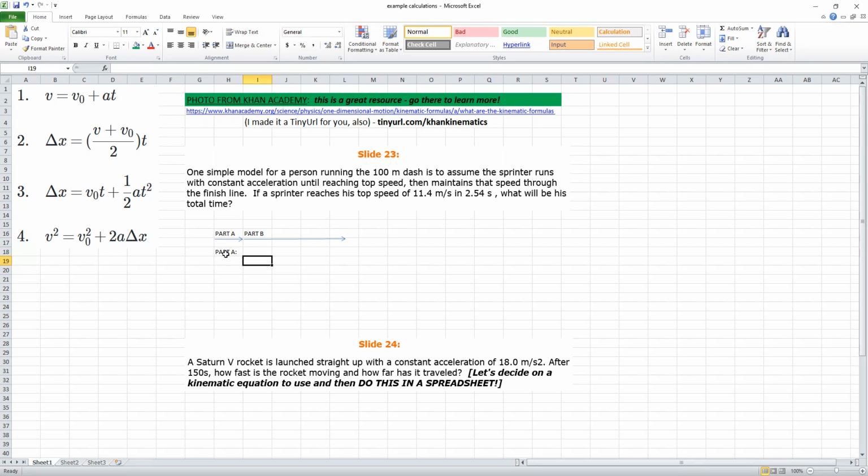These are basically two separate problems almost, right? The only thing that keeps them the same is that we have a known distance, right? This is a 100-meter dash. We know this is 100 meters between part A and part B. So that's nice.